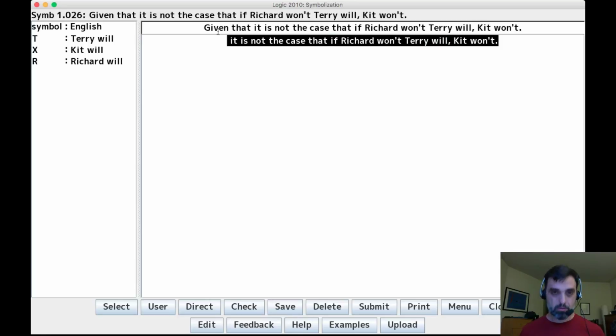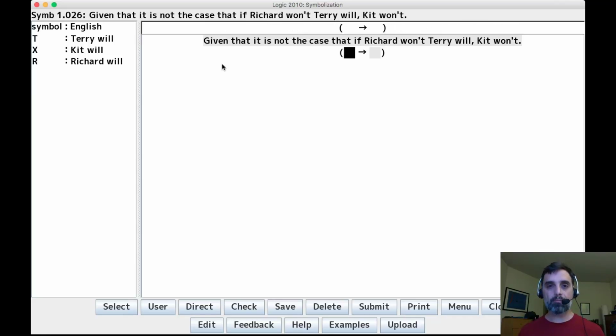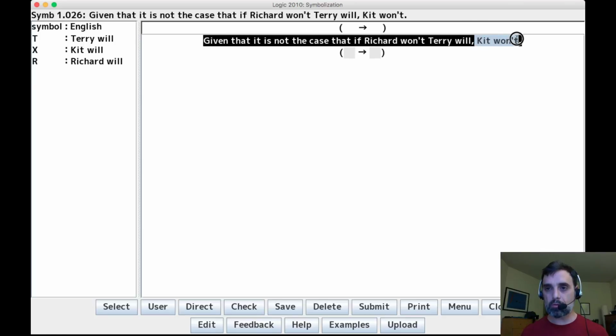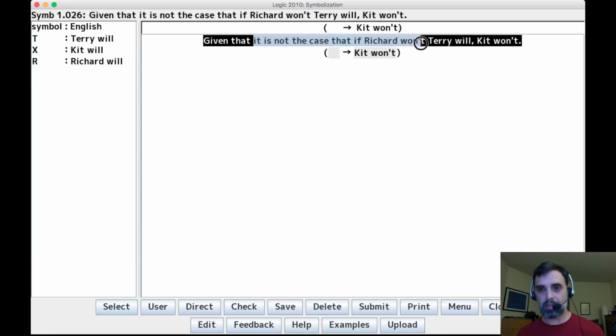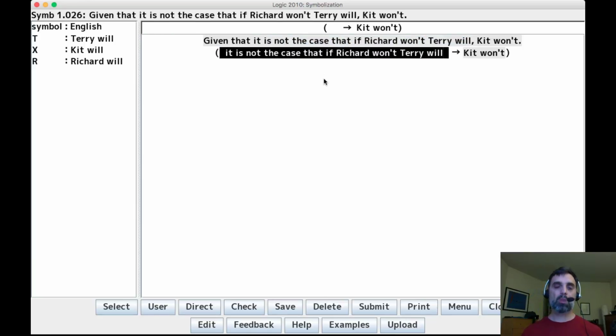So we want to conclude that the given that is the main connective. So we'll put it in, and now Kit won't will go into the antecedent. The given that has become the arrow, so it's left, now that we put Kit won't into this text box and the given that is turned into the arrow, is it is not the case that if Richard won't, Terry will. So we drop it there.